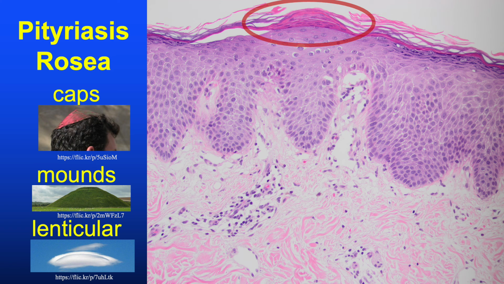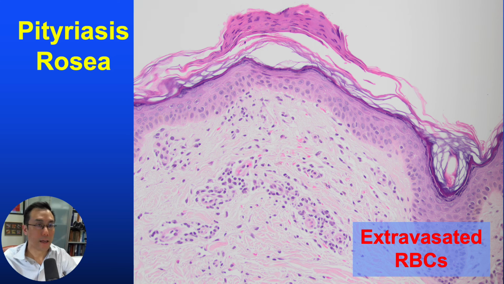So these caps of parakeratosis have also been described as mounds or resembling a lenticular cloud. In all cases, the parakeratosis is focal, not diffuse or confluent, and shown here in concert with underlying extravasated erythrocytes.